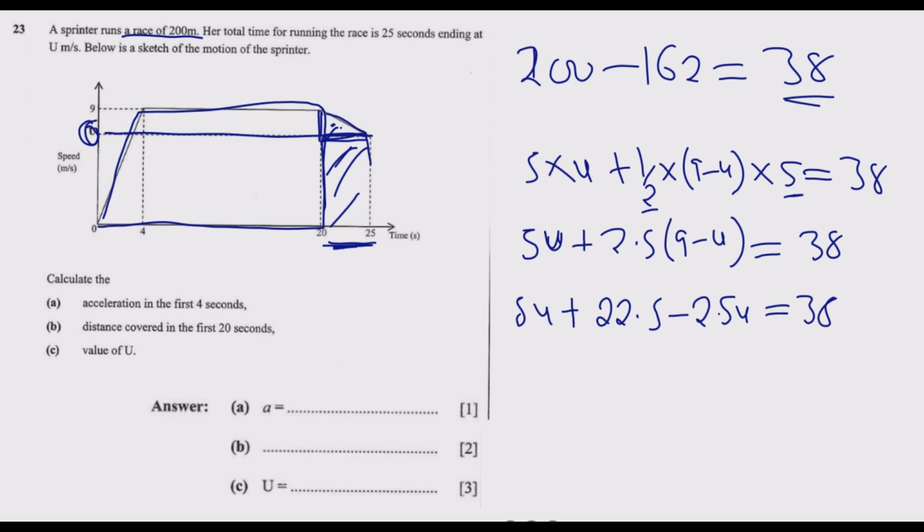So what we have is 5u minus 2.5u equals 38 minus 22.5.